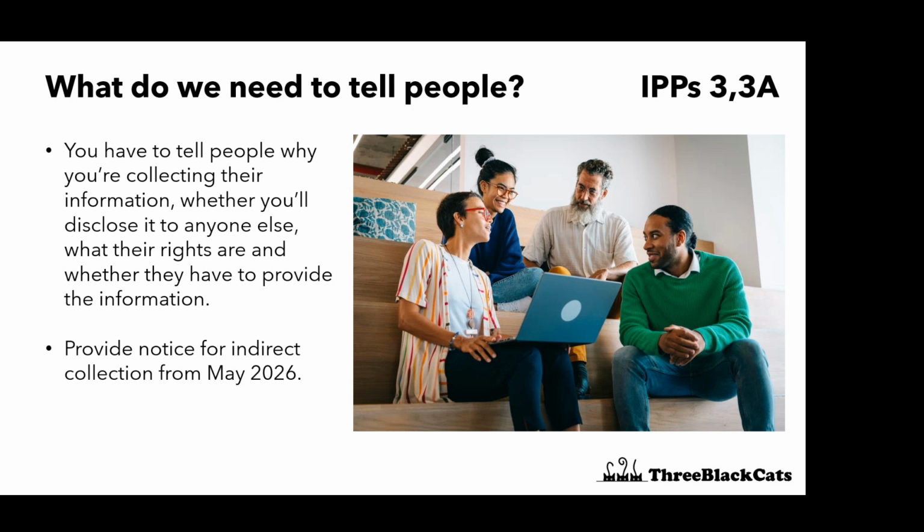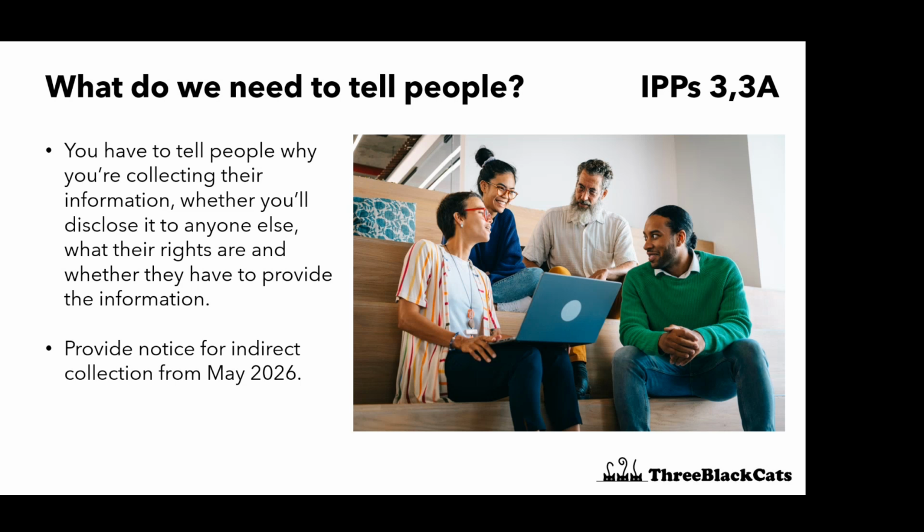Now, at the moment, we only need to give a privacy statement to individuals where we collect the information directly from them about them. Okay, so we were talking earlier about my husband. If he provides his information for car insurance, we need to give him a privacy statement. If he provides my information, at the moment, we don't need to give myself a privacy statement.